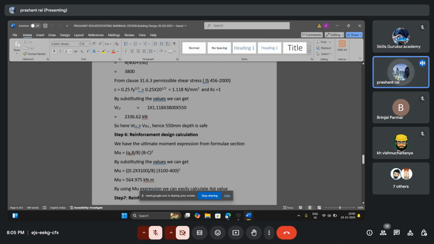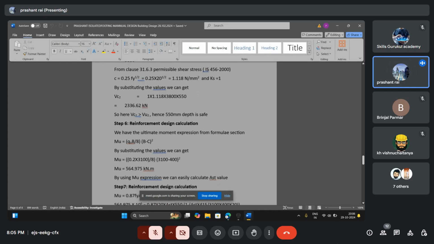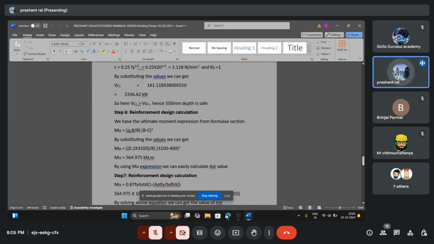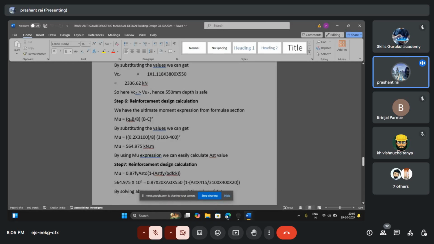We got the value of 1.118 Newton per mm square, and Ks is equal to 1. By applying all these values, we got the safe footing depth of 550. So VC2 is greater than VU2.